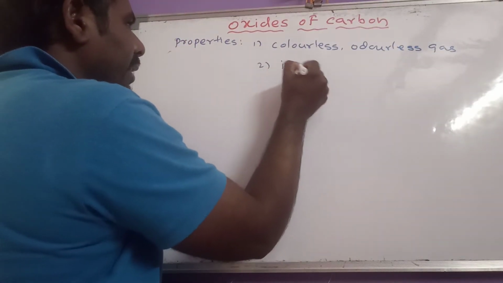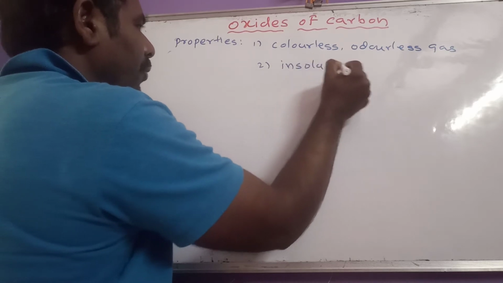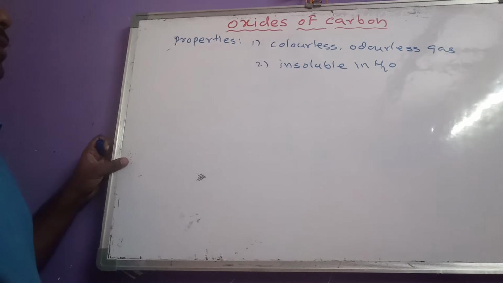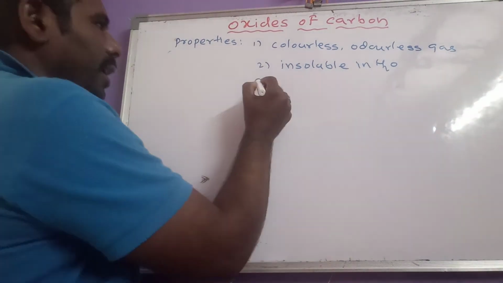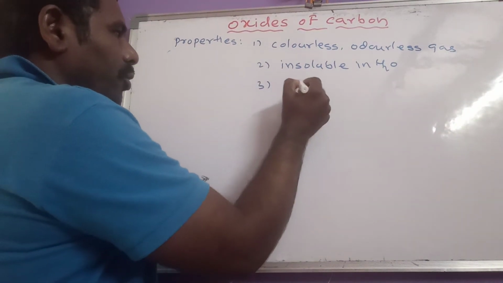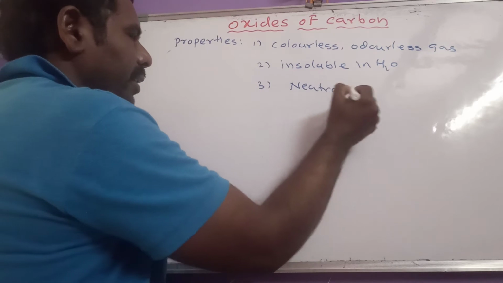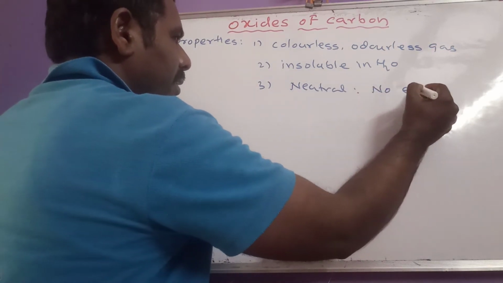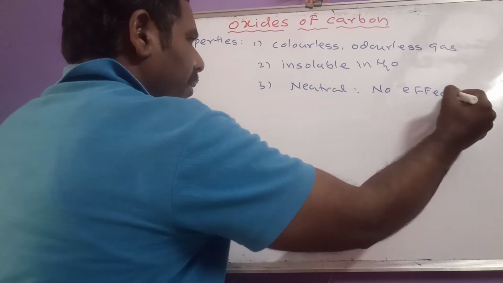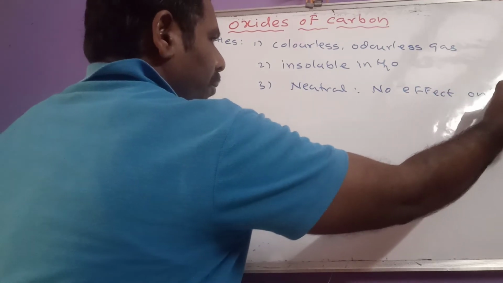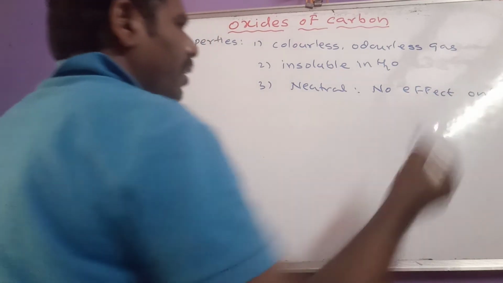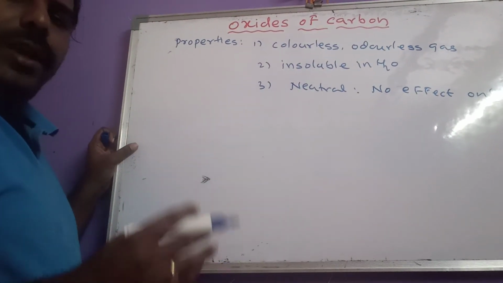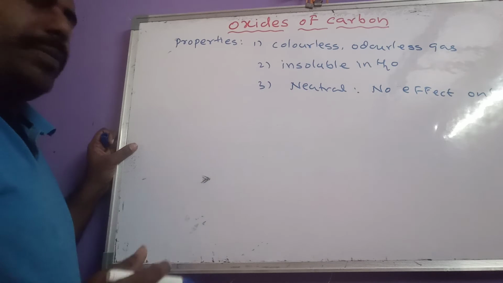It is insoluble in water and it is neutral in nature, so no effect on litmus. That means neither red litmus nor blue litmus shows any change in color. That means no effect on litmus paper.